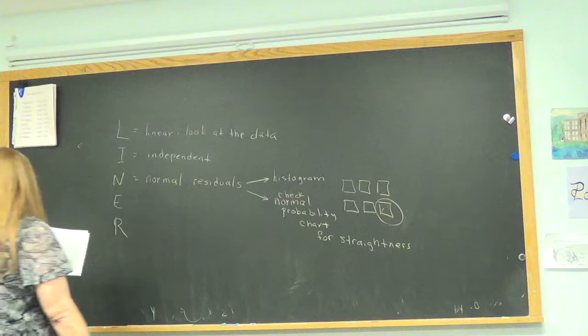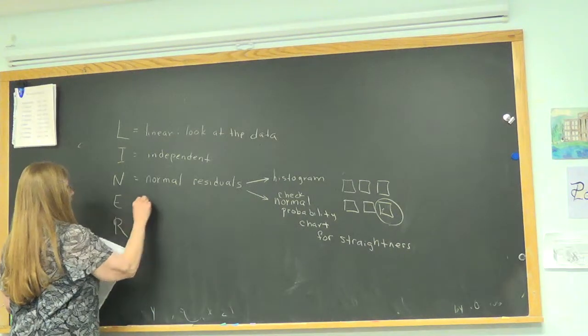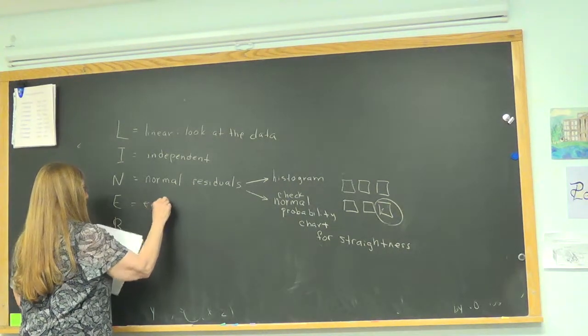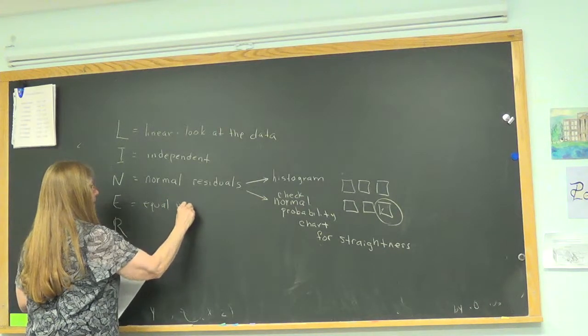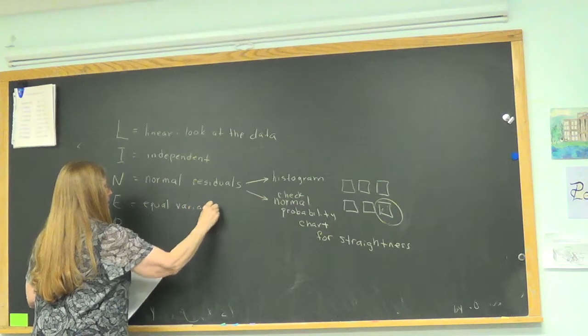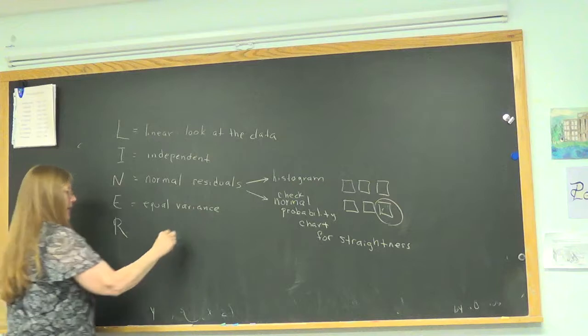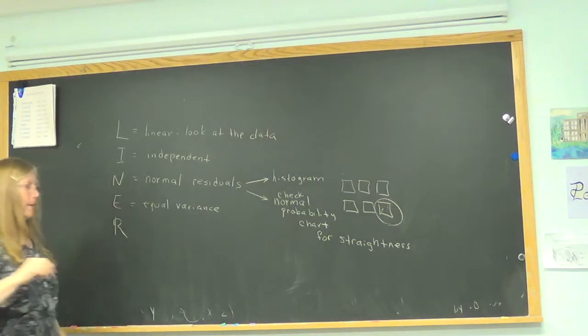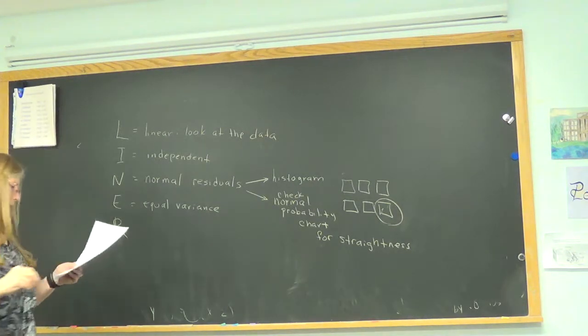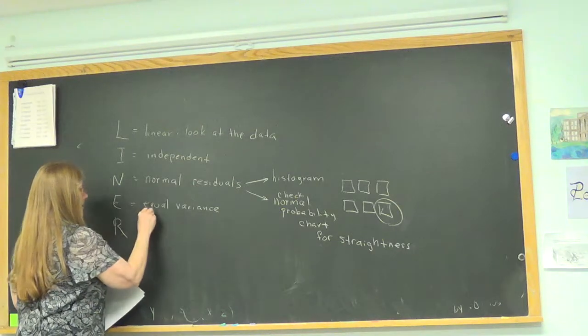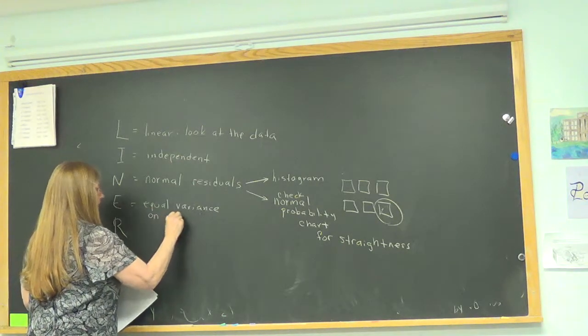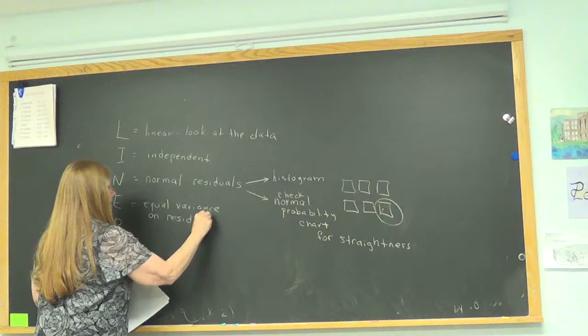We'll finish equal variance. I think, Morgan, what you said was right. I kind of looked it up. We had an equal variance. Would you remember, Morgan, what chart we were looking at for that? The residual plot. The residual plot. Thank you. Yes.